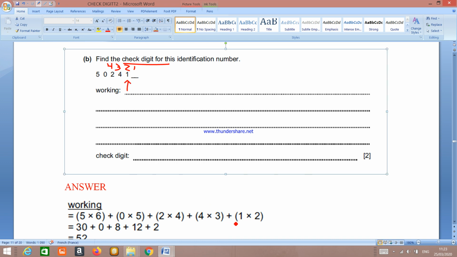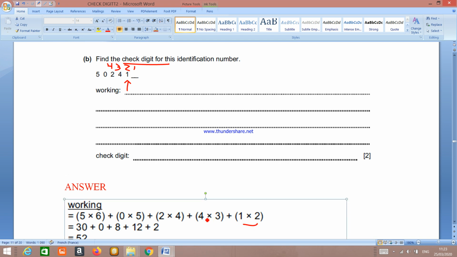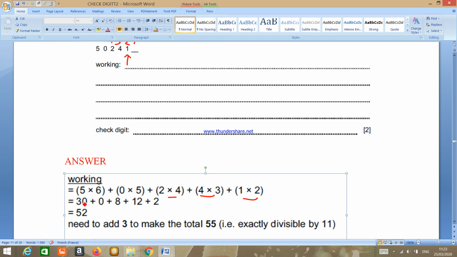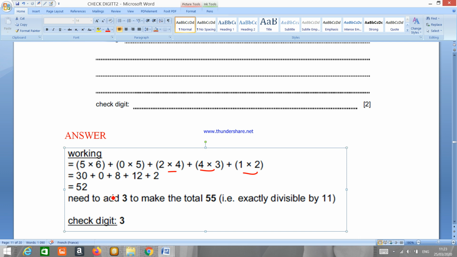So 1 times 2, 4 times 3, and 2 times 4, and 0 times 5, and 5 times 6. After doing the multiplication, you add the products, you get a total of 52.